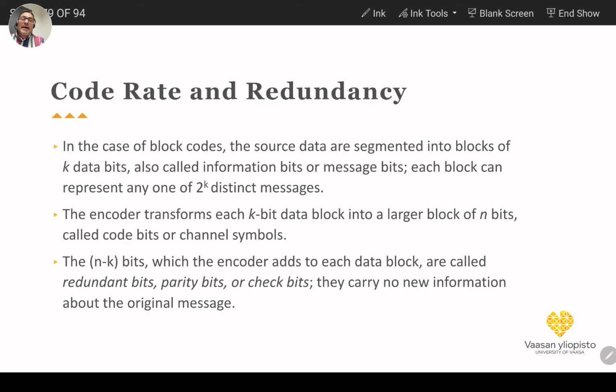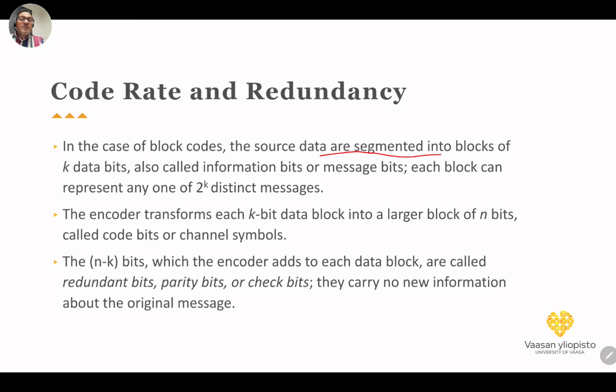So, code rate and redundancy. As we mentioned, if we have source data segmented in blocks of k bits, those k bits are called information bits. Then we have 2 to the power k distinct messages, all of them valid, as in the example I gave with 3 bits.